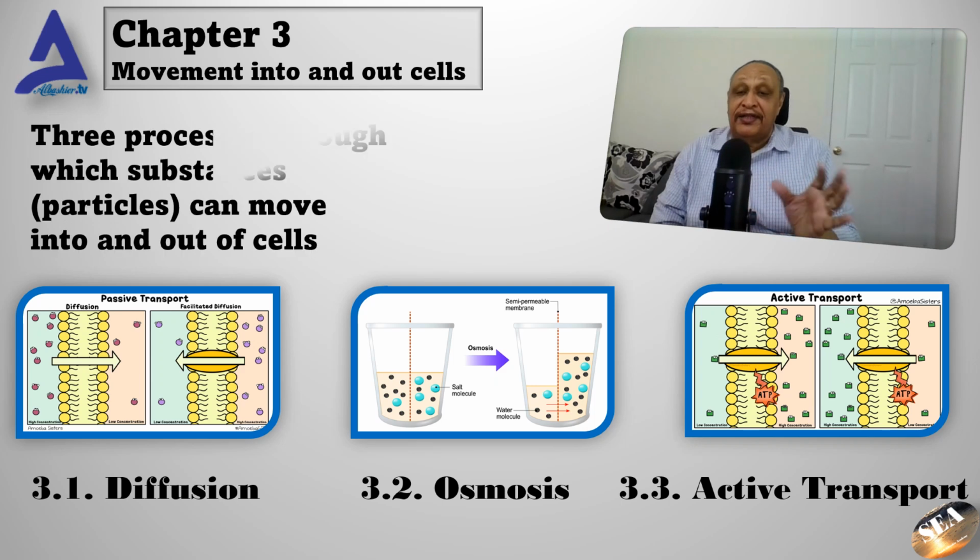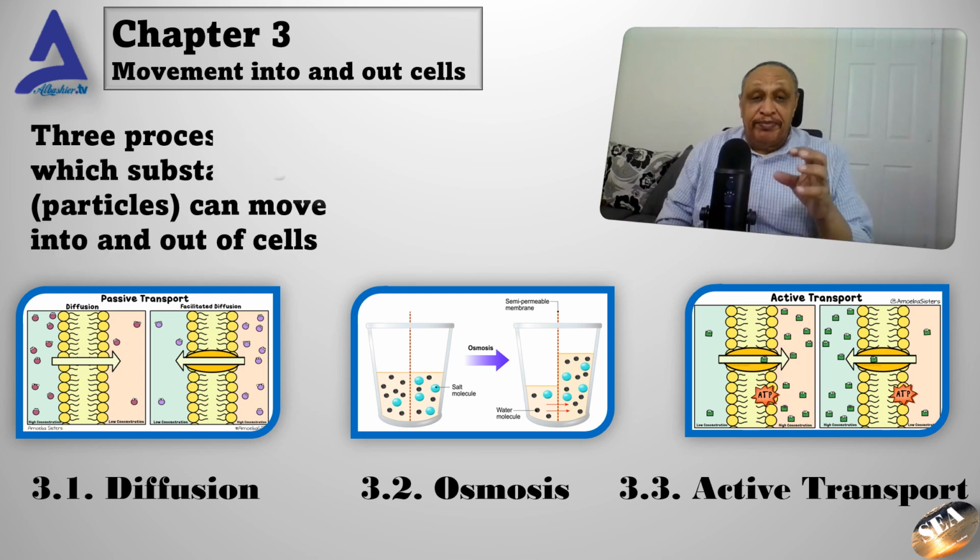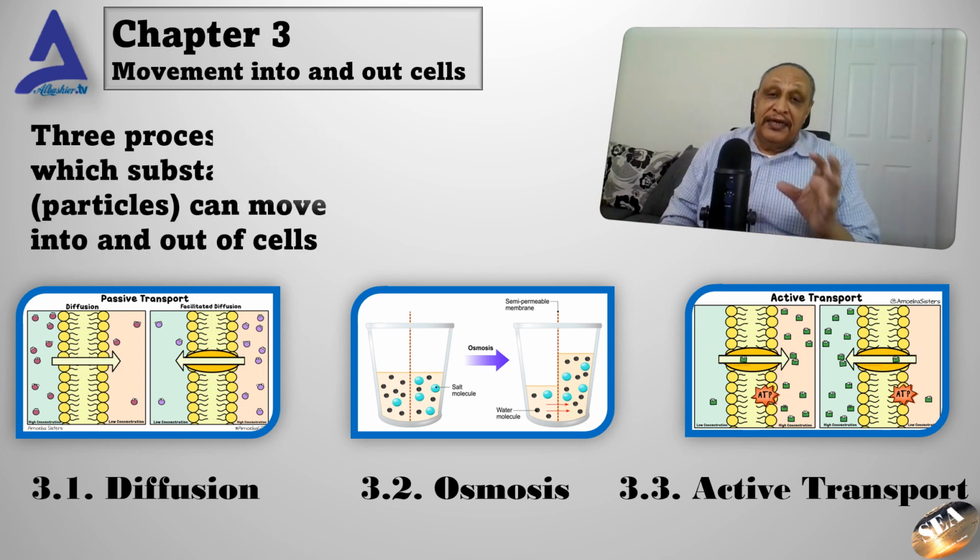So those are the three processes: diffusion, osmosis, and active transport, by which particles and molecules are transported into or out of the cell.